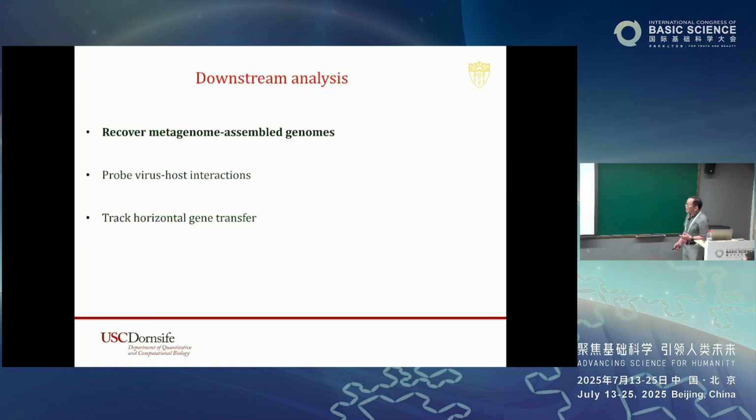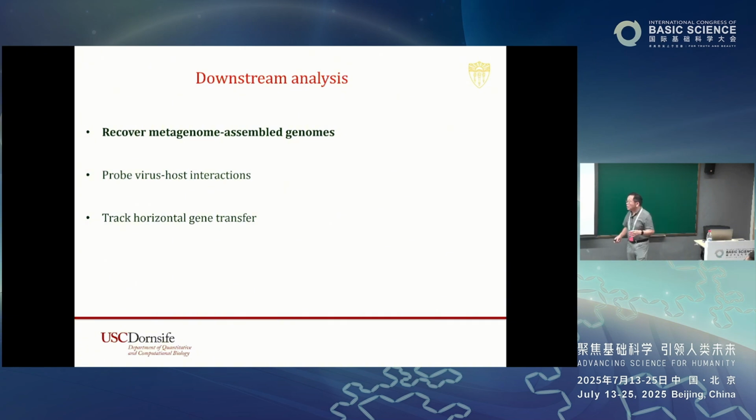For downstream analysis, we first try to recover the so-called metagenome assembled genomes. Remember, we have the data, and we do the normalization. Now we remove those biases and those spurious reads, and we get the so-called normalized graph. Hopefully, with this normalized graph, we can get more biology out of it.